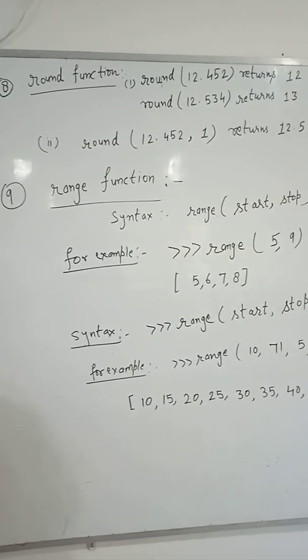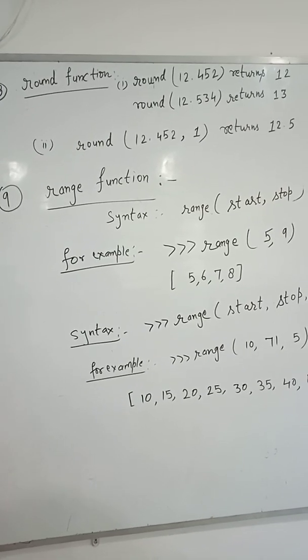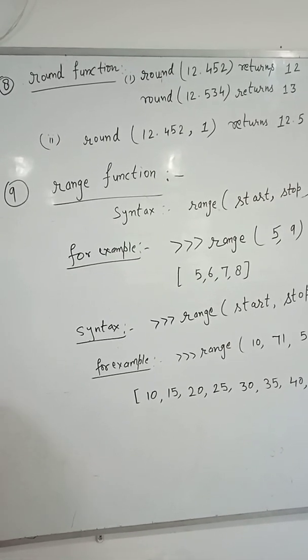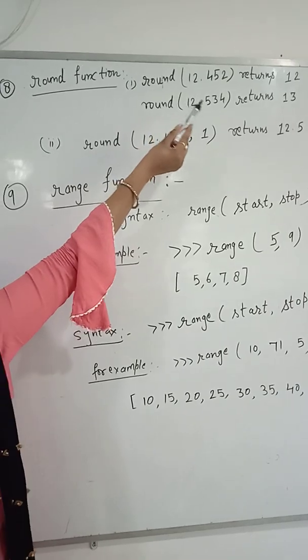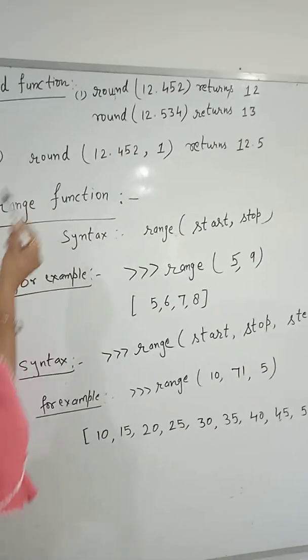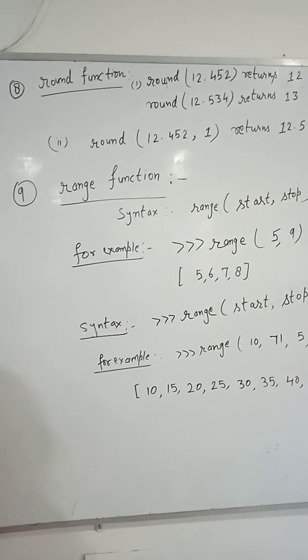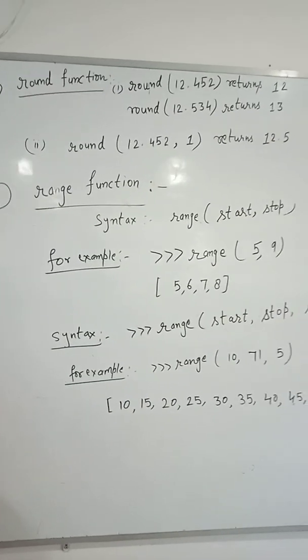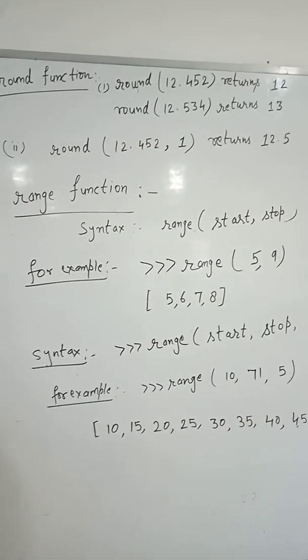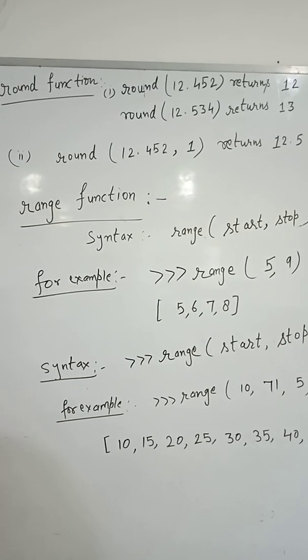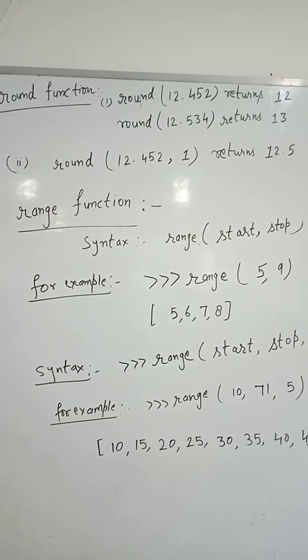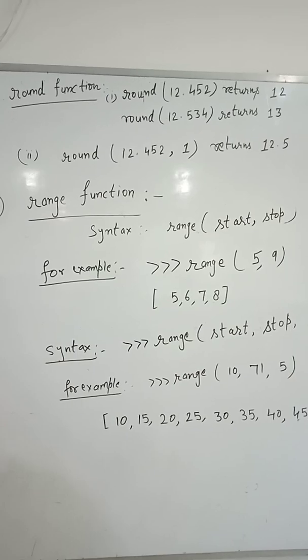As the name denotes, the round function is used to round off the data, round off the value. For example, we have written round(12.456). So for 12.456, it will return the output 12. It will round off the value. Okay. In the next example, round(12.534). It will return the output 13 because 12.534 is here.